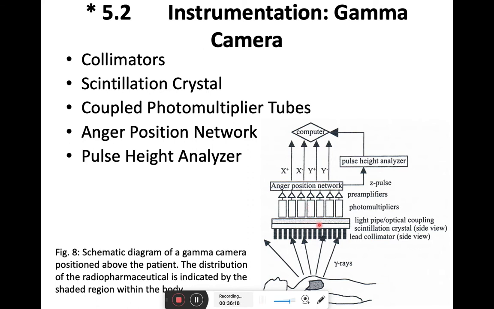The gamma rays are scattered to the detectors, but before reaching the photomultiplier tubes, they go through the lead collimator and the scintillation crystal, and only then reach the photomultiplier tube.